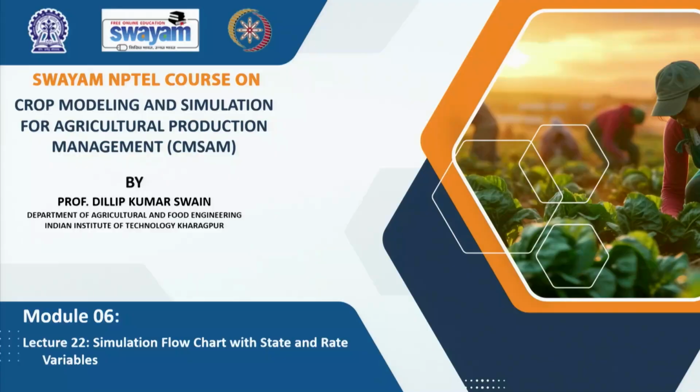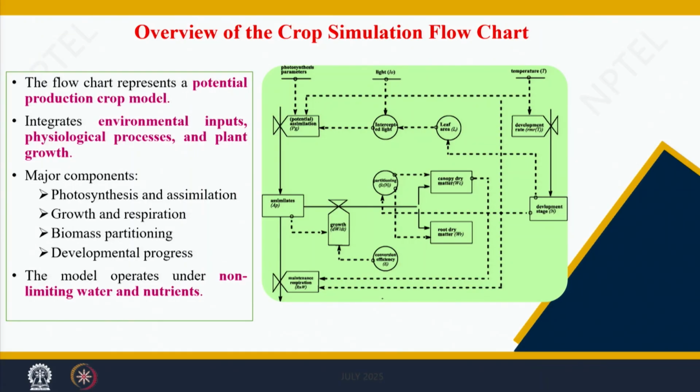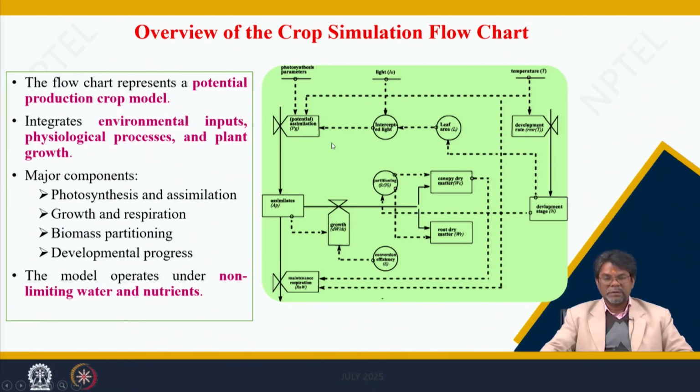So, please have a look at this. This is the overview of the crop simulation flow chart. This is the Forrester notation. The compartment model symbols are used here to represent the potential production simulations. Here we mostly explain the effect of the weather parameters, because the inputs of the potential production simulation are the weather parameters, which, as we explained in the last class, influence crop growth and yield.